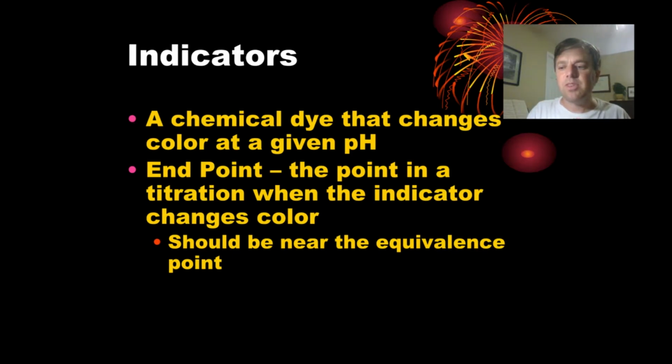In a lot of acid-base titrations, the indicator we use is called phenolphthalein. It very clearly goes from colorless in acidic solutions to pink in basic solutions. As soon as you see that color change, you know you've reached the equivalence point, and you stop the titration. Now I'm going to show you a video of a titration that I did so you can check that out.